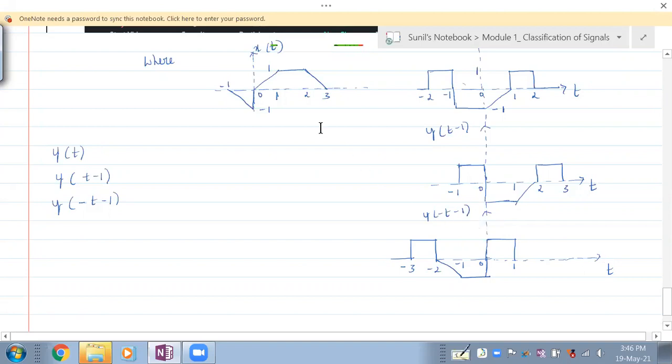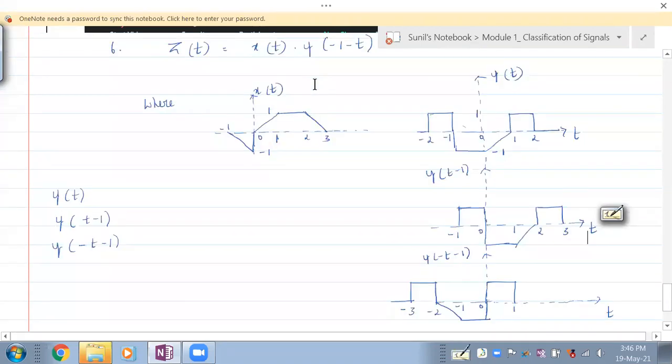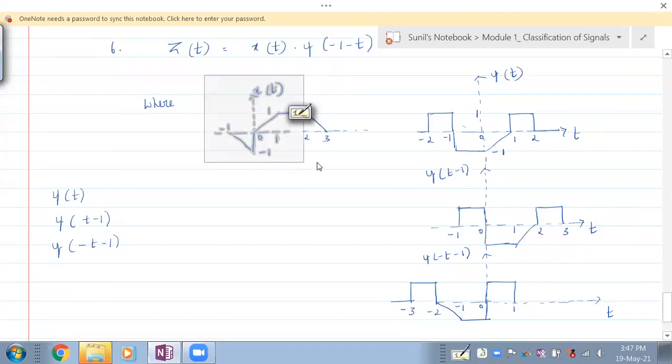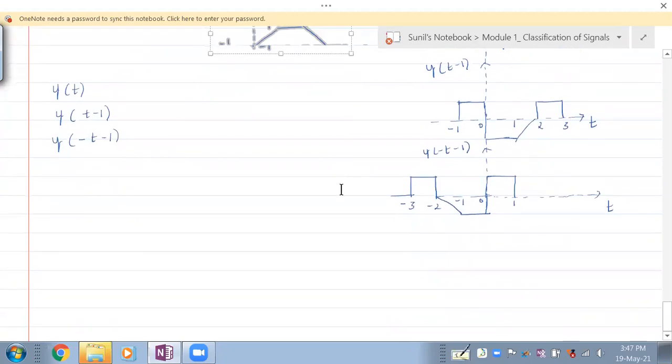So now these two signals need to be multiplied. So how can we do that is the question. You need to write x of t once again. Let me try if we can copy and paste here.